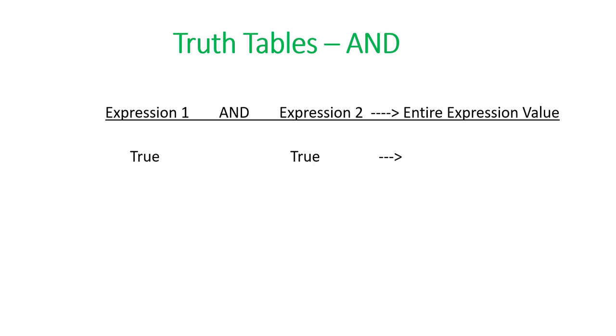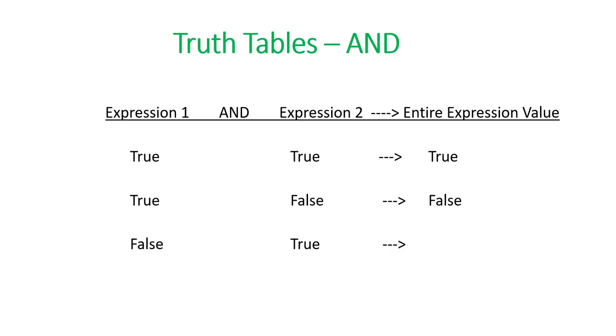If the first expression is true and the second expression is true, then the entire expression is true. And this is an AND. Don't forget, that's what we're talking about, AND. Let's take another example. What if the first one was true but the second one was false? In an AND situation, then the entire expression would be false.